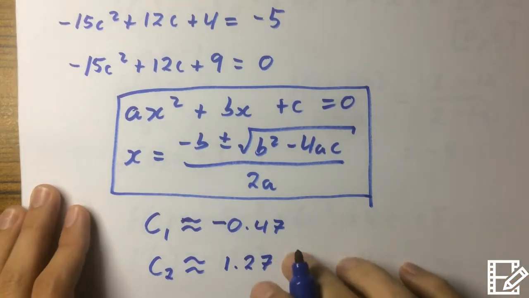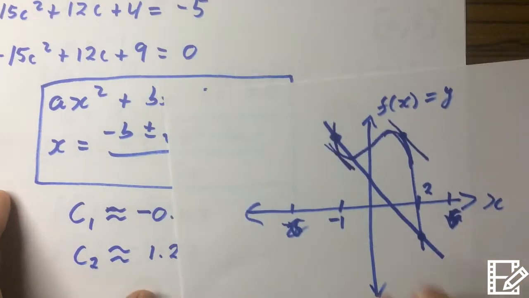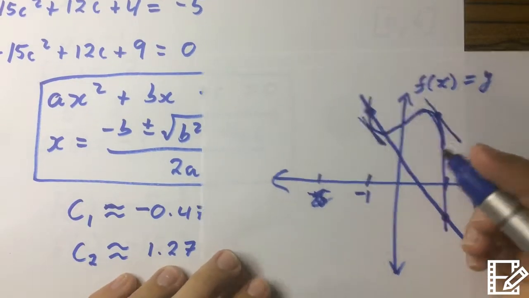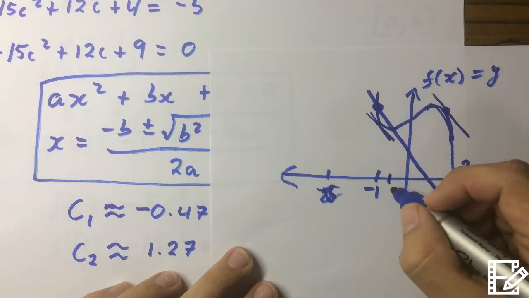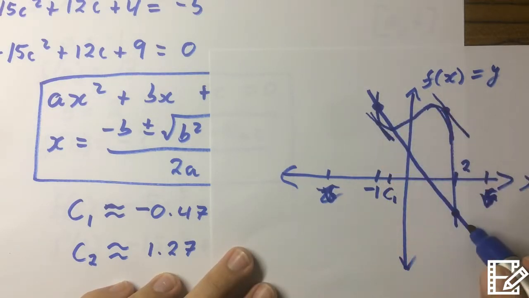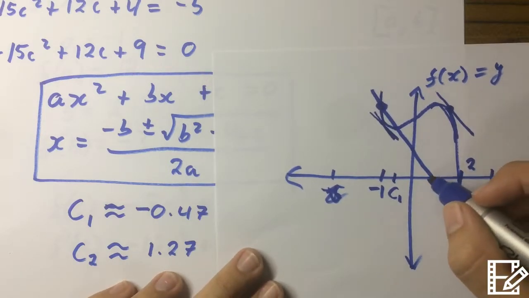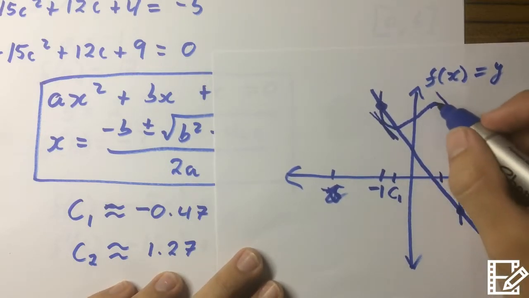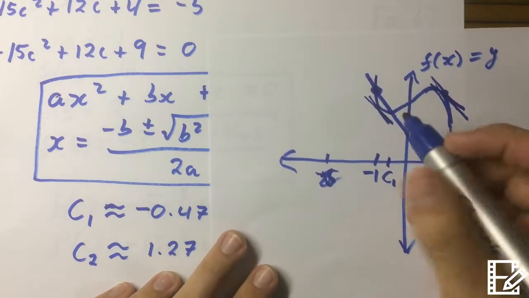I know I did a sloppy job on here, but essentially at c1, at negative 0.47, the slope is supposed to be equal to the slope of the line, and at 1.27 as well, but hopefully you get the idea.